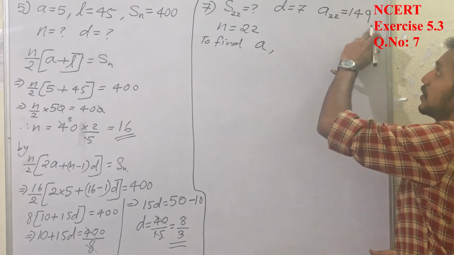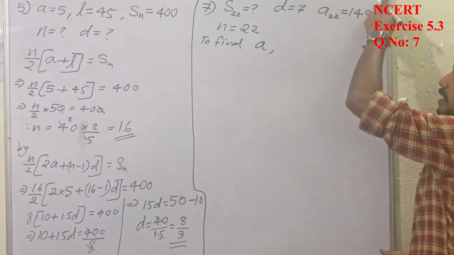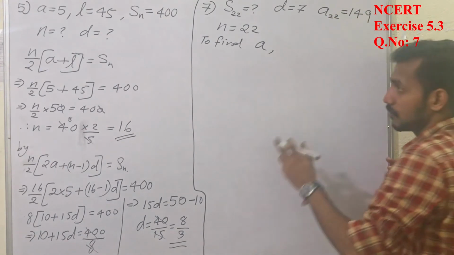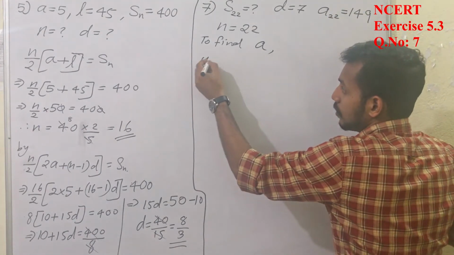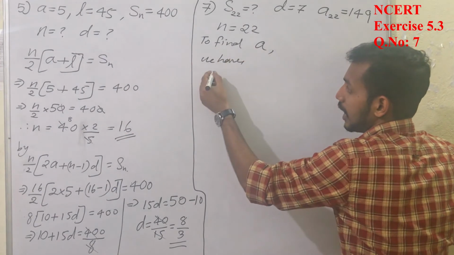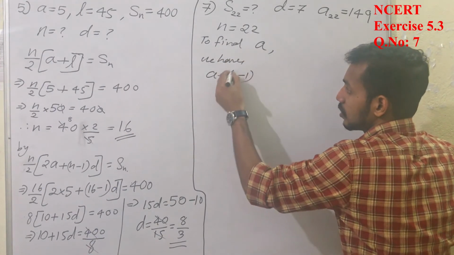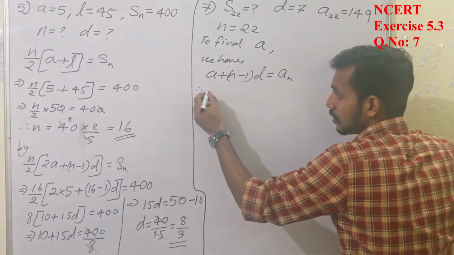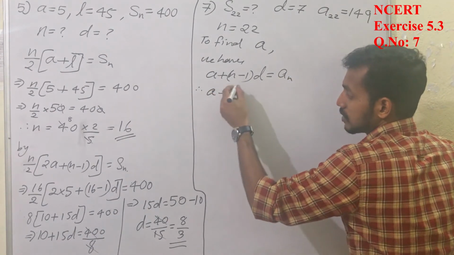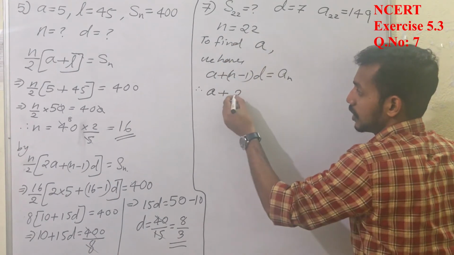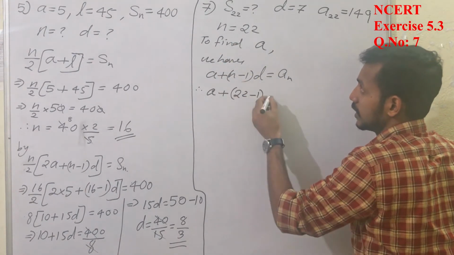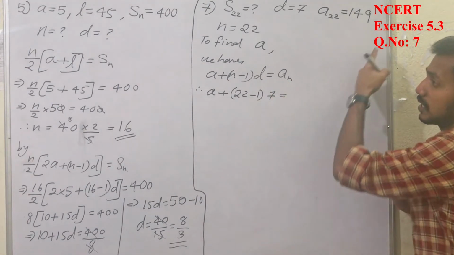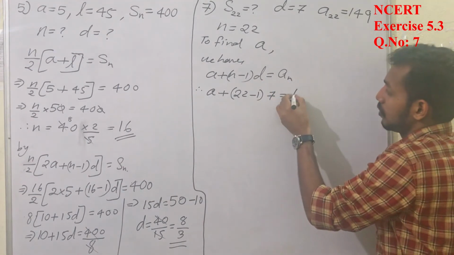To find the first term we can use the nth term formula, because as the nth term is given, that means the particular term is given, we can use this formula, that is nth term formula. So we have a plus n minus 1 into d is equal to an. Therefore, what is a? We have to find a plus n minus 1, that is what is n? 22 minus 1 into d is 7, which is equal to the 22nd term, which is equal to 149.